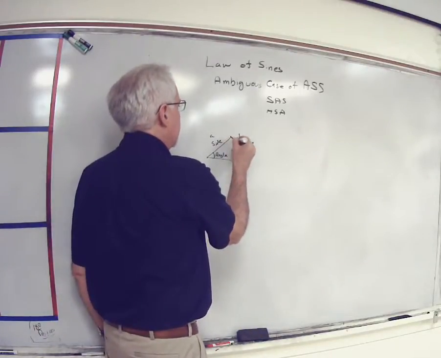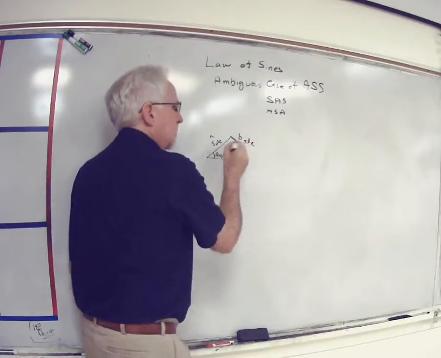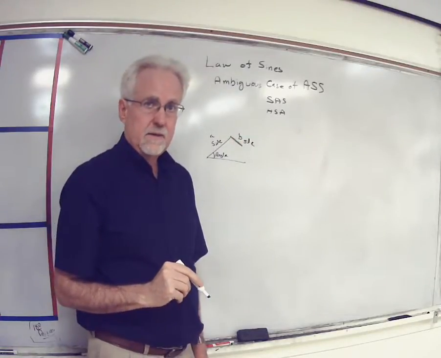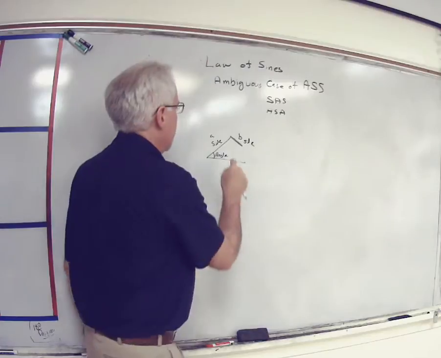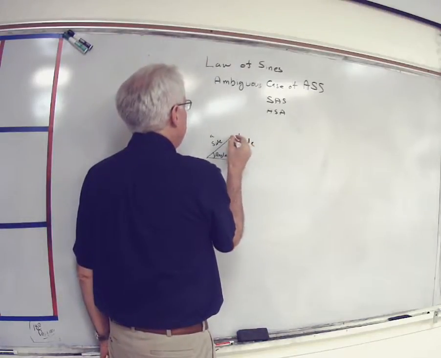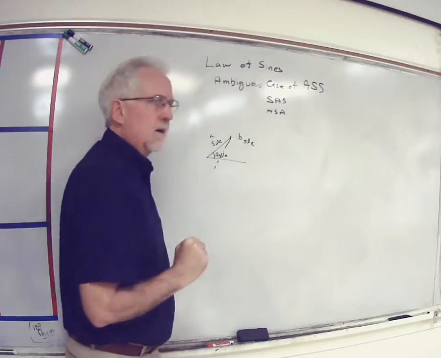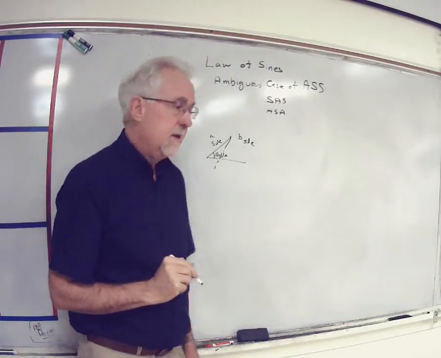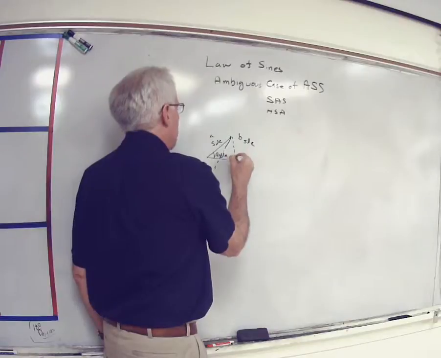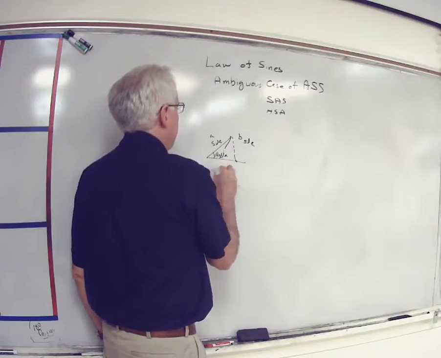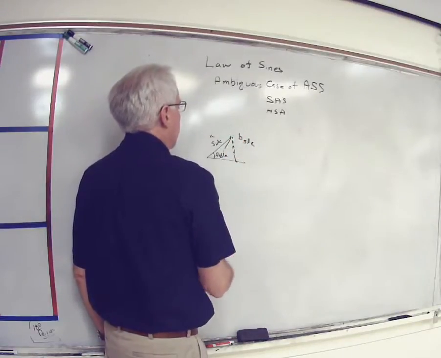This might not be long enough to make a triangle, or if it came back this way, it might be too long to make a triangle. Or it might make a perfectly right triangle.